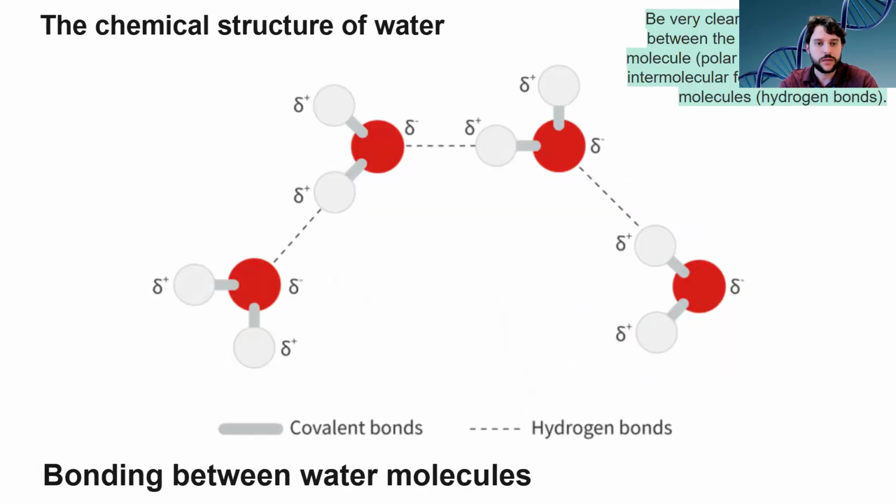Okay. So first of all, the chemical structure of these molecules. We have two atoms of hydrogen and one atom of oxygen, as we saw. And the oxygen is especially powerful in oxidation, in attracting the electrons towards its core. So you end up having an oxygen that brings more electrons, more electronegativity towards its center.